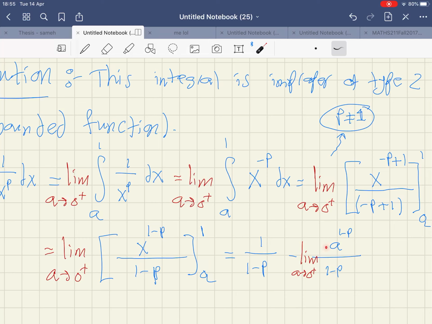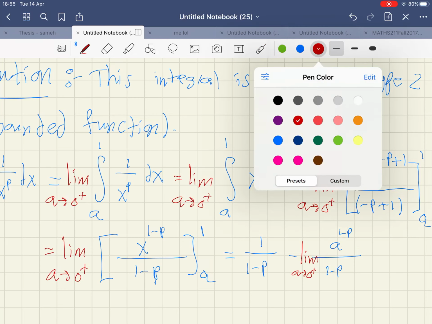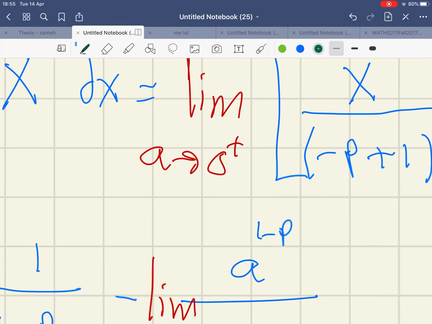Now, can we just substitute 0 instead of a? If we substitute 0 instead of a, the power here must be a positive number. Because if it is negative, everything will go down and then I cannot put the 0 down. So this one must be positive. If you want to continue without problems, 1 minus p should be positive, meaning p is less than 1.